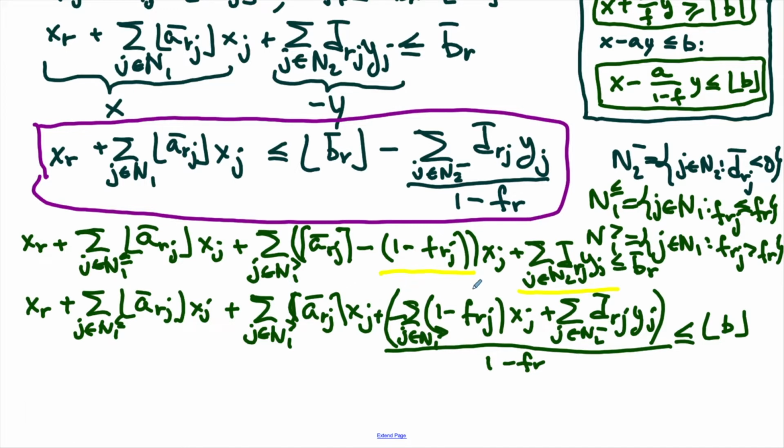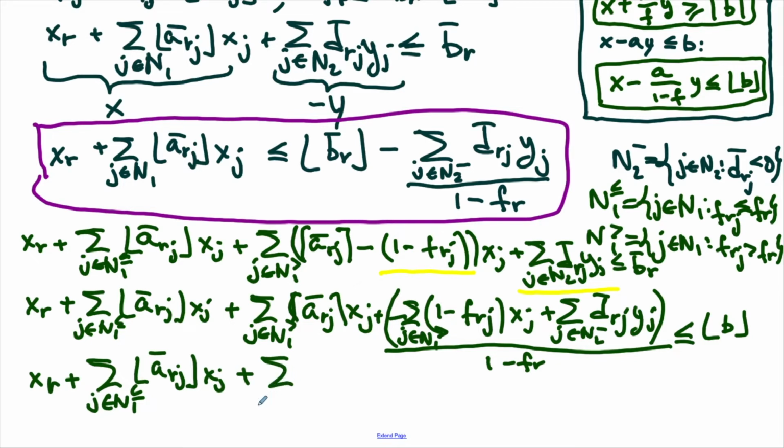So now regrouping the coefficients for xj in the set N1 greater, we can simplify this formula. So for this part we still have the same expression, so xr plus the summation for j in N1 less than or equal to of the floors of arj bar xj. And then for the set N1 greater, we'll have the following coefficient for xj.